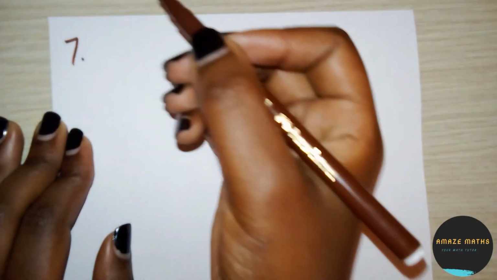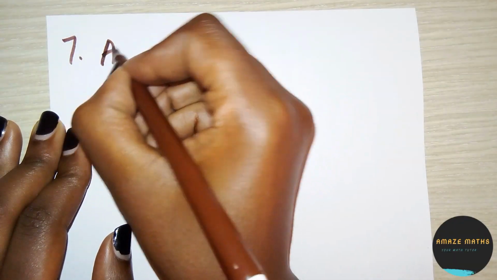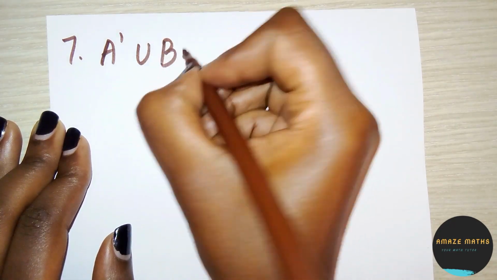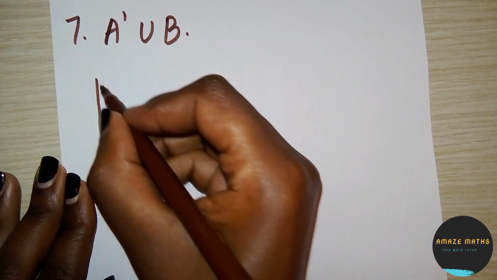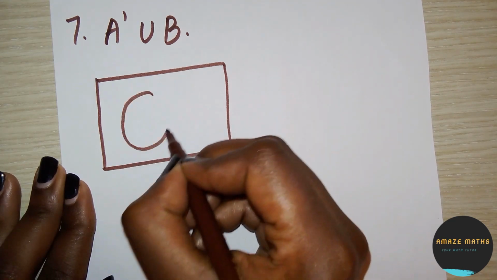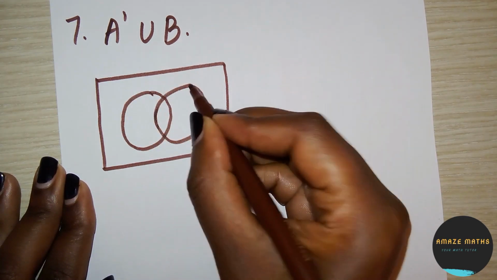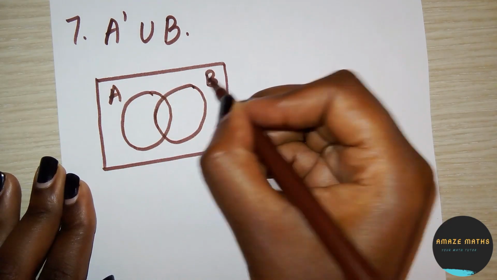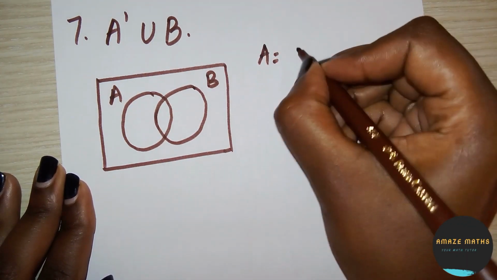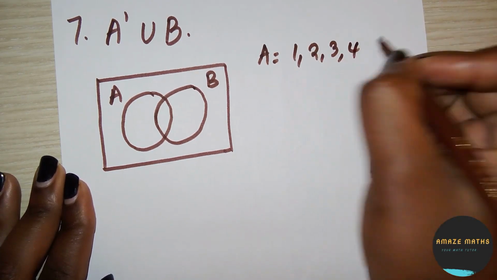Now on to number 7. We have outside of A, complement of A, union B. So A and B. And for this one, we can use the same elements, 1, 2, 3, and 4.